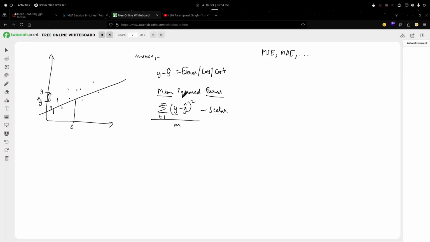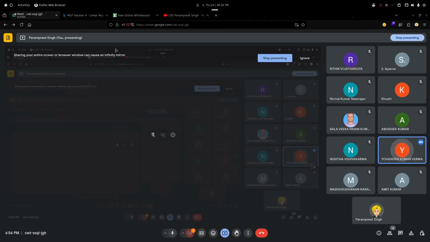Okay. So the error which we plot here, by looking at the function and the name also. While finding the mean, suppose there are some NaN values. We exclude those NaN values.